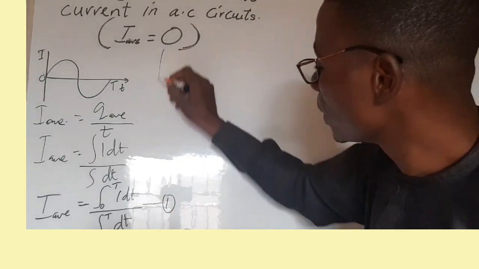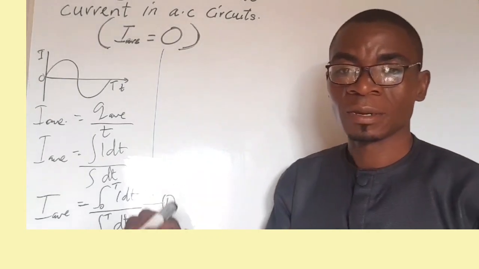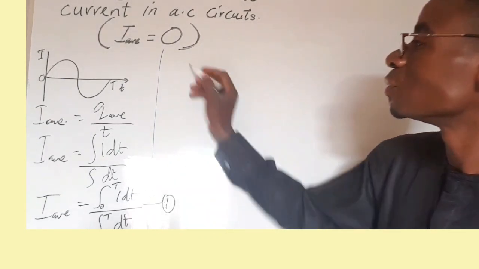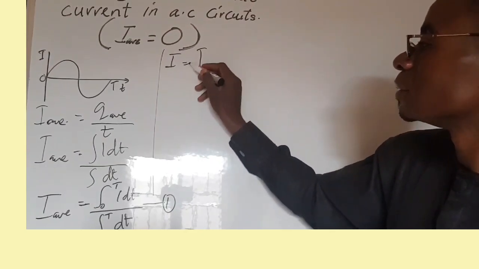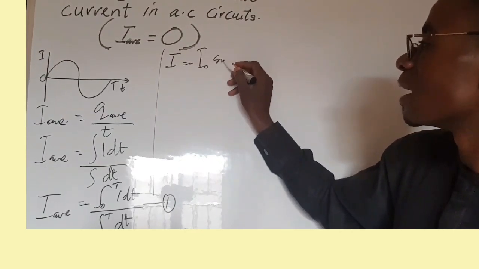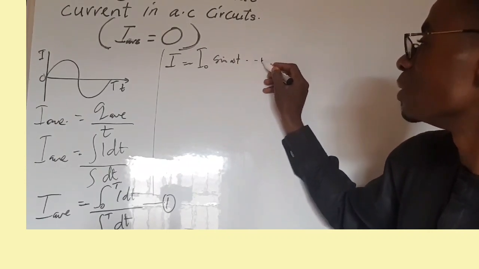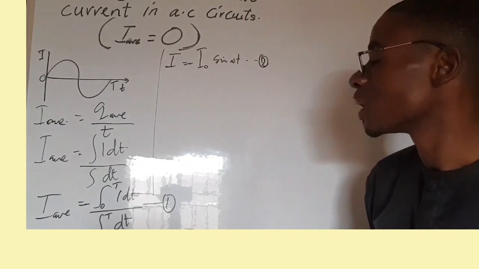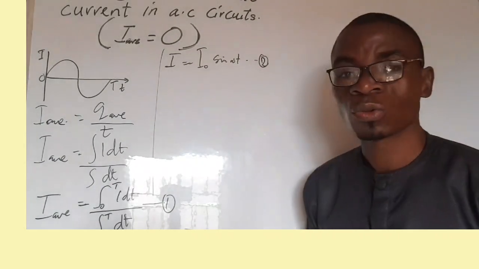And normally, in AC current, we have the equation I is equal to I peak sine omega t. This one should be equation 2. Substituting equation 2 into equation 1, we are going to have this.